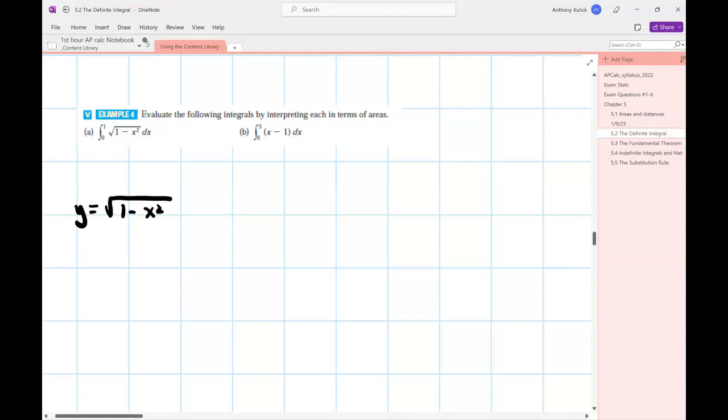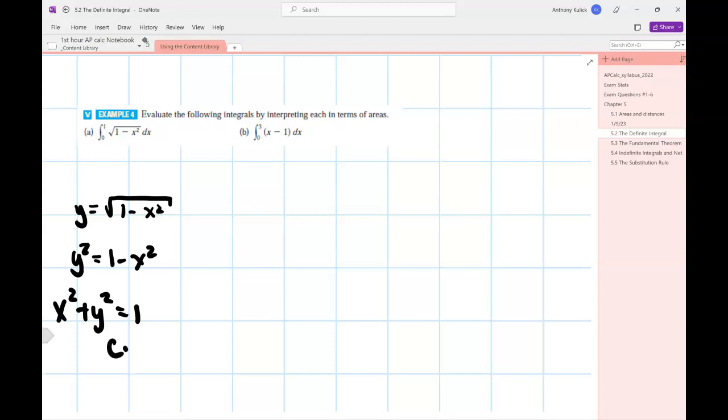So if I think about the function y equals the square root of 1 minus x squared, I can square both sides. And if I add x squared to both sides, what am I looking at here? Circle.